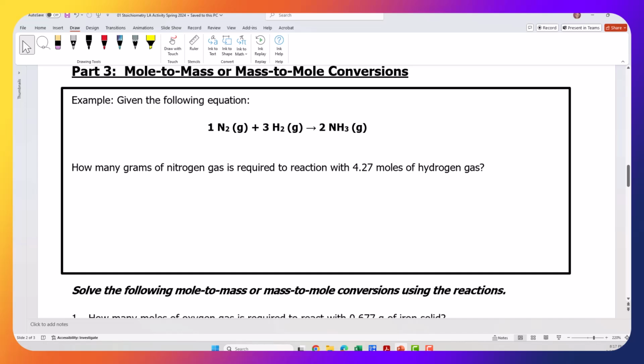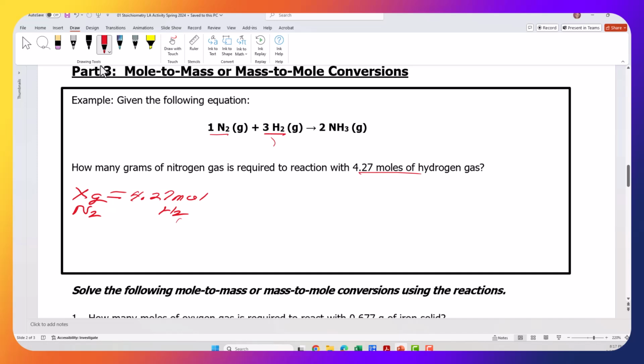So here we go, the how many grams part, that's our X, and so that's X grams of N2 equal sign, and then we go get the other stuff, which is 4.27 moles of hydrogen gas. So our relationship now is going to be between hydrogen and nitrogen.